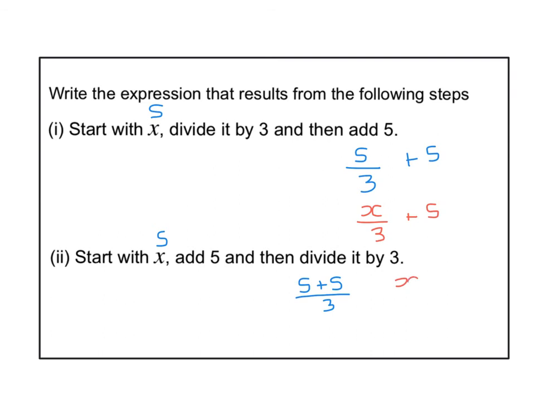Start with x, add 5, and then divide by 3. So you can see the difference. This one here is x divided by 3 and then add 5 to the answer. Here is x, add 5 and then divide by 3. So it's all of this divided by 3. That's the difference between those two.